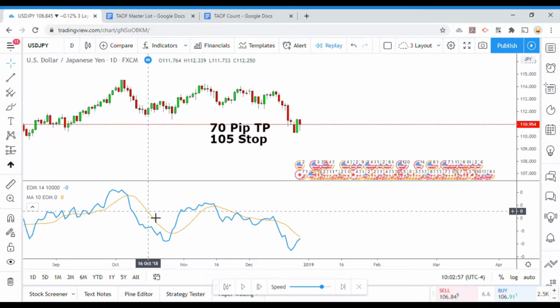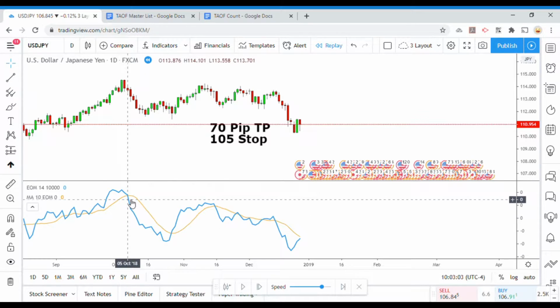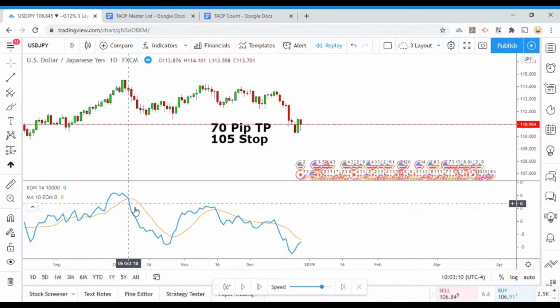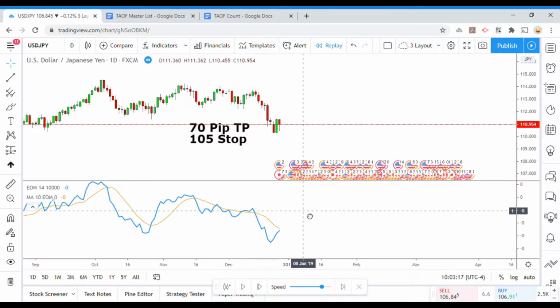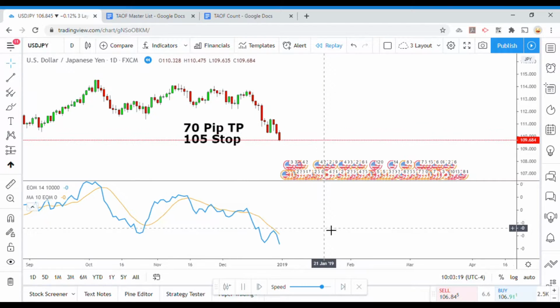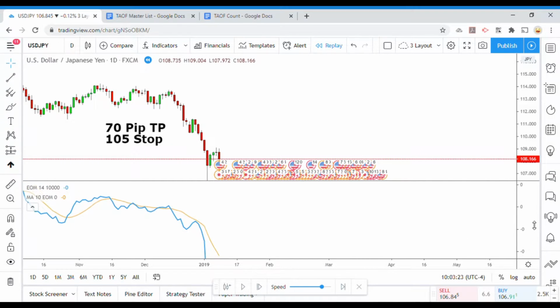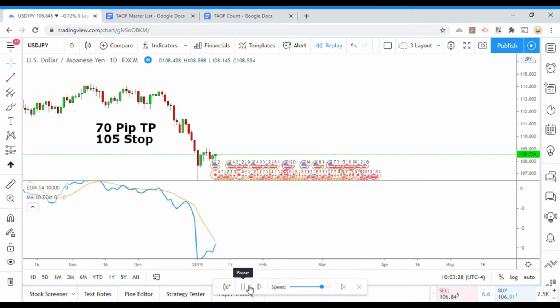The orange line is a standard moving average set on a 10 period. When the light blue, the ease of movement, crosses down below the moving average, that is a sell signal. When it crosses up above, that is a buy signal. That is how we are going to test it. So let's get on with the testing process and see what we can get out of the ease of movement.